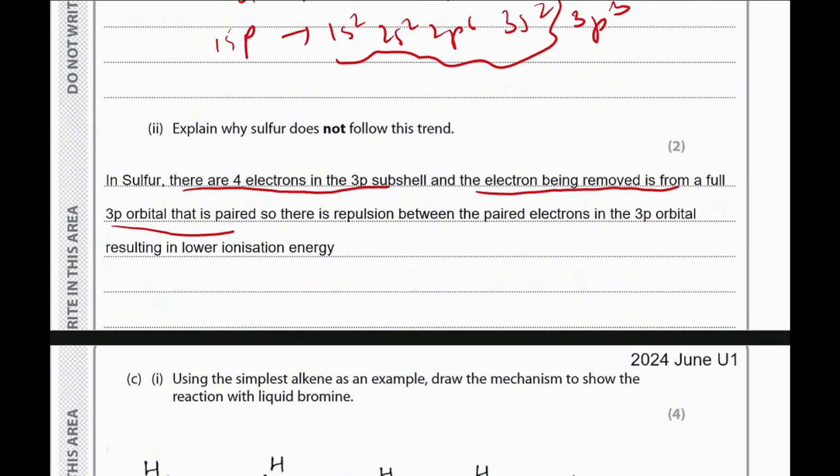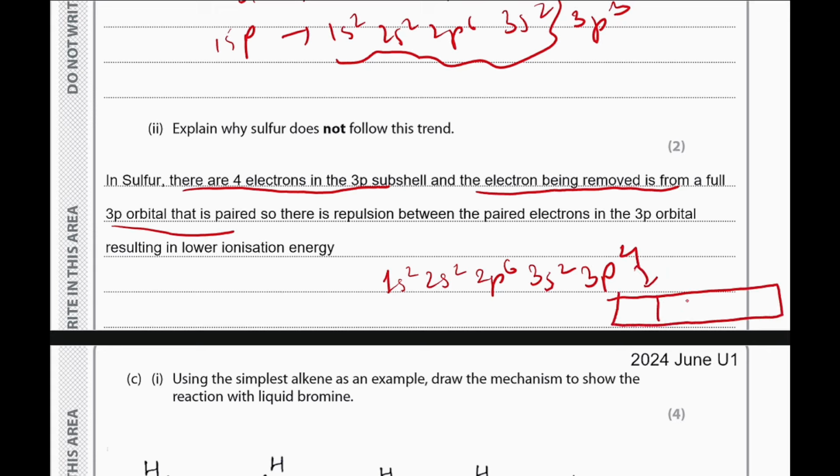So if you check out the sulfur electronic configuration, you have 1s2, 2s2, 2p6, 3s2, 3p4. All right, now you have to understand one thing: when you try to draw it, we know that there are 3 orbitals in a p subshell, right? 1, 2, 3.